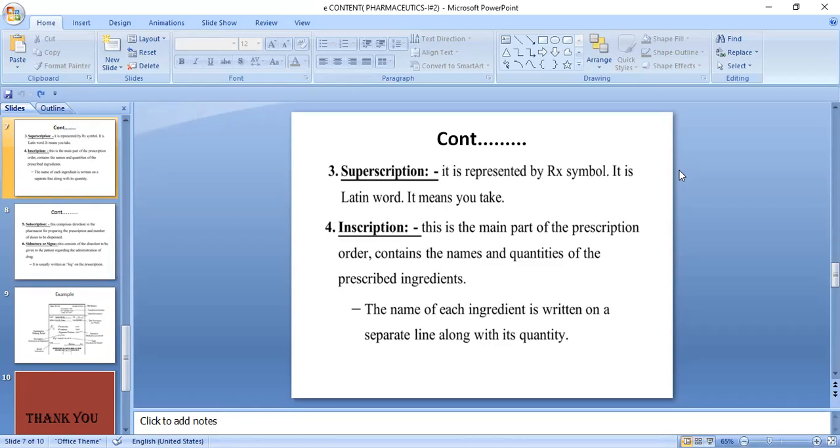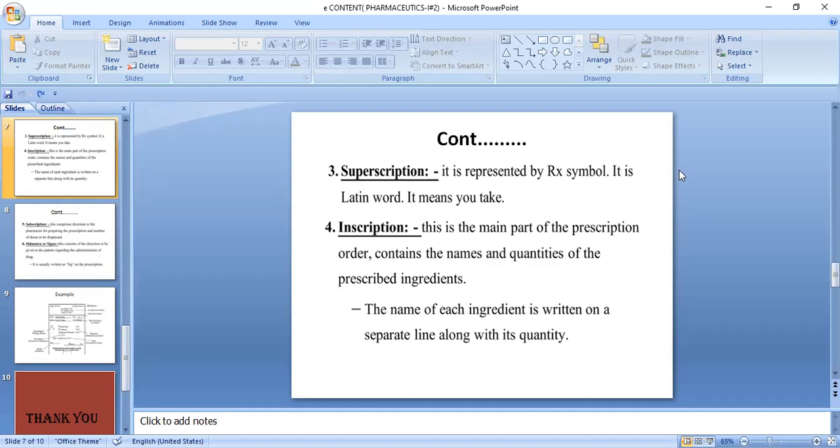So compounding instruction consists of the name of the ingredient and the quantity of the ingredient, which is covered by the inscription part, in which the quantity and name of the ingredient are written very clearly. According to the name, the quantity, and the instruction, it is the responsibility of the pharmacist to compound the medication according to the instruction given by the prescriber.